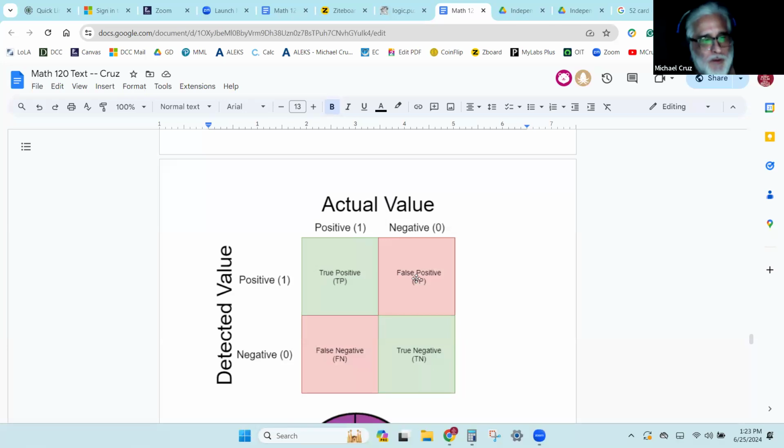But if that person was actually innocent of the crime and pronounced guilty, that's a false positive. Likewise, if somebody was acquitted and they were actually guilty, that's a false negative. And if they were acquitted and actually innocent, then it's a true negative.